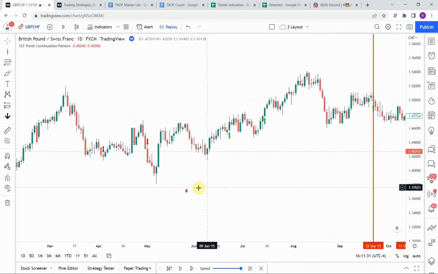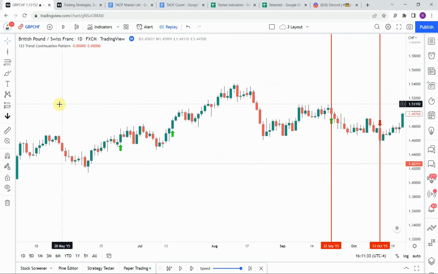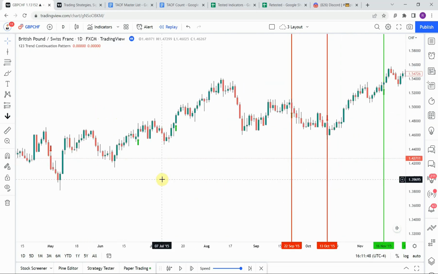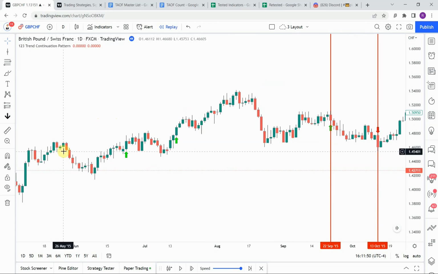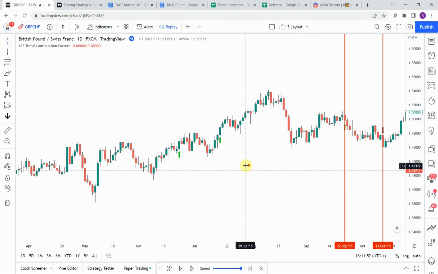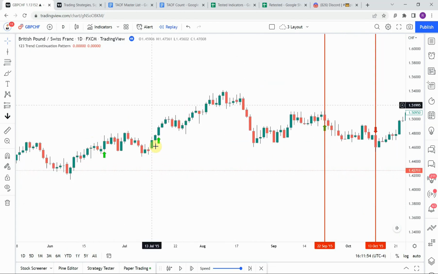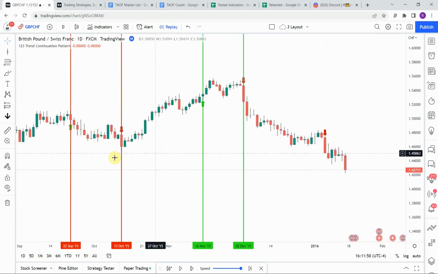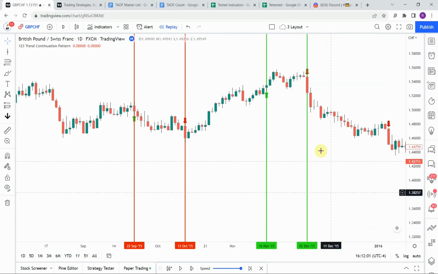And so, it is possible that using something else like a higher time frame Super Trend, or a higher time frame moving average, or a higher period moving average, you could identify when an overall trend is occurring, and then take the signals according to that trend instead of just taking every single pattern that it gives.